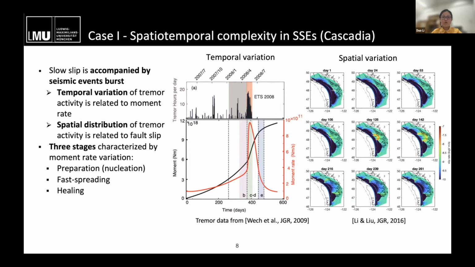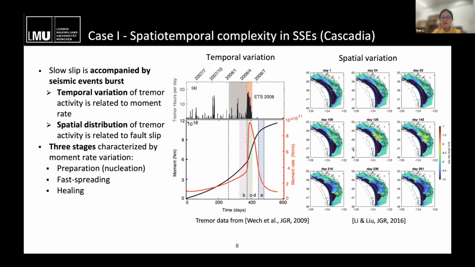And about 6 months before the ETS tremor, there is a very gradual increase of this tremor activity. We found that this might be related to the gradual increase of the energy release in our modeled slow slip.